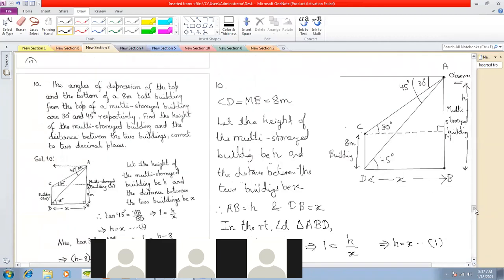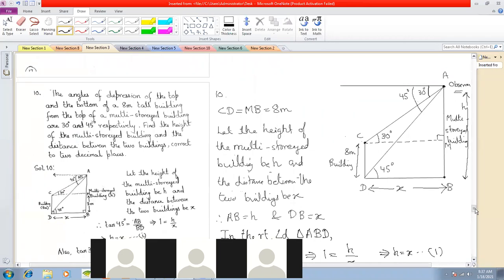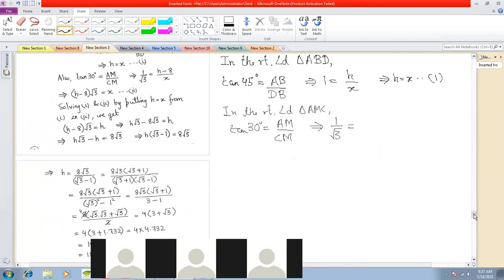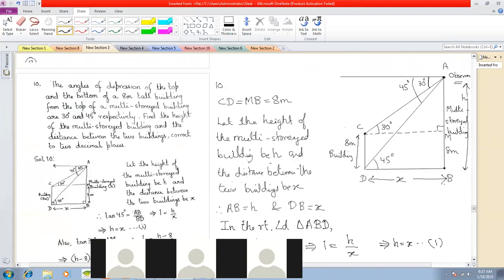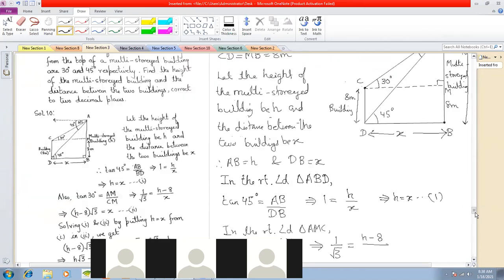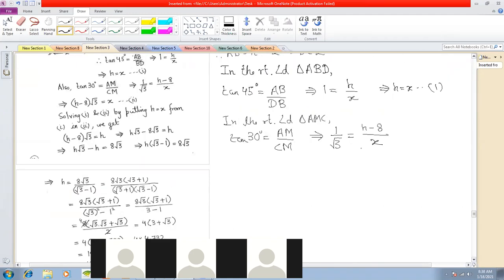What is the height AM? This is 8 meters, and the total height is h, so AM must be h minus 8, right? And CM is the same as DB, so you can write this as x.